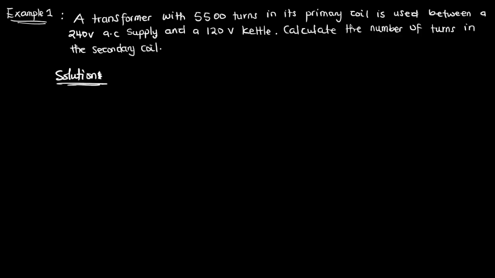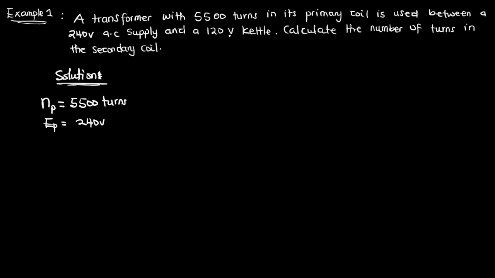So let's look at our solution, right? So they say a transformer with 5,500 turns in its primary coil. So it means the number of turns NP in the primary coil is 5,500 turns. It says it's used between a 240 volt AC supply. So the supply, which is the input voltage, means EP, the primary voltage, is 240 volts, and then a 120 volt kettle.